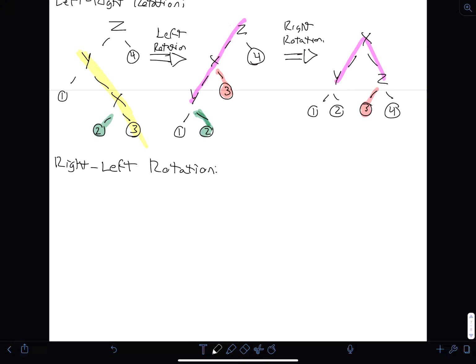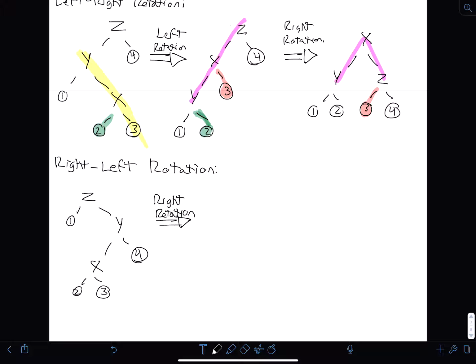So Z, Y, X. Let's put the children. 1, 2, 3, 4.